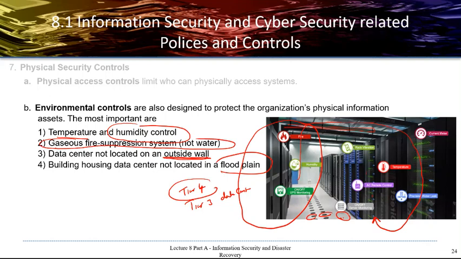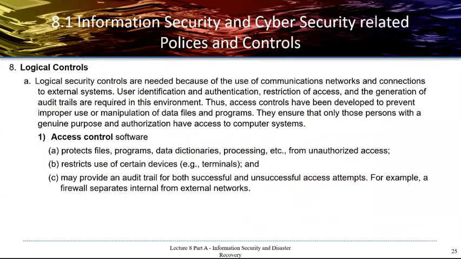So logical security controls apply to external systems. User identification and authentication is required for any software access, and you should have a restriction of access. Not everyone can access everything in the software, and the generation of audit trails is required in the environment. Every time a person logs in, you have to have an audit trail of what he does. So that's very important, logical control.